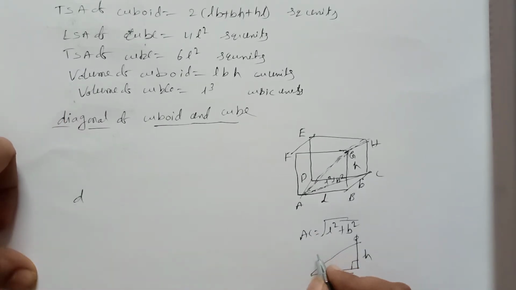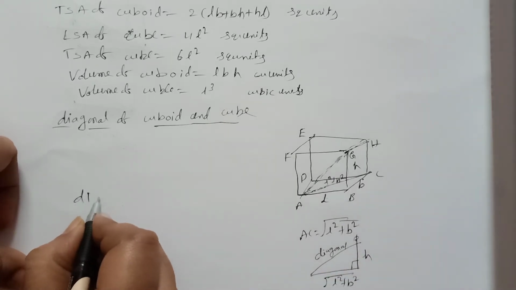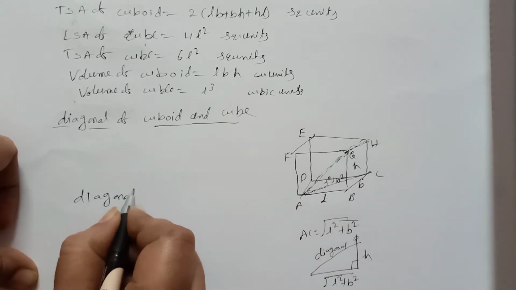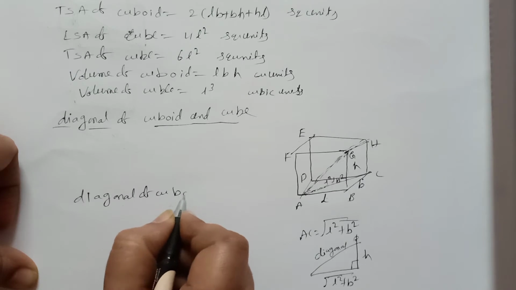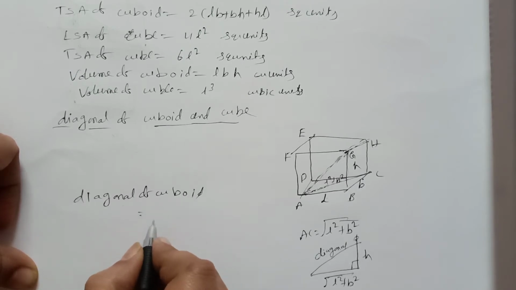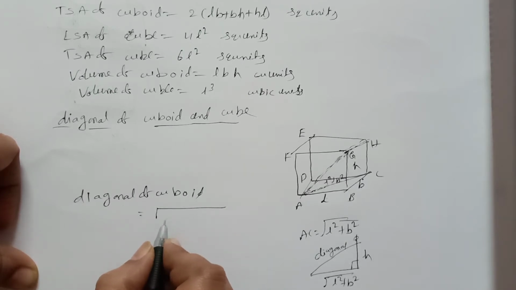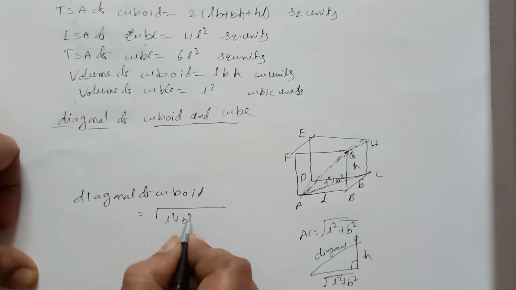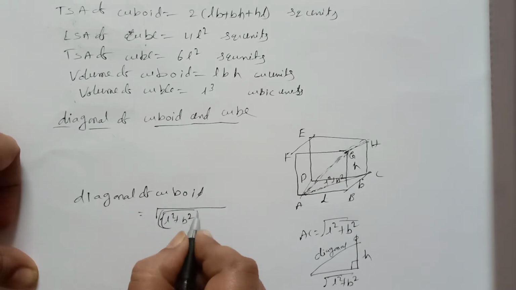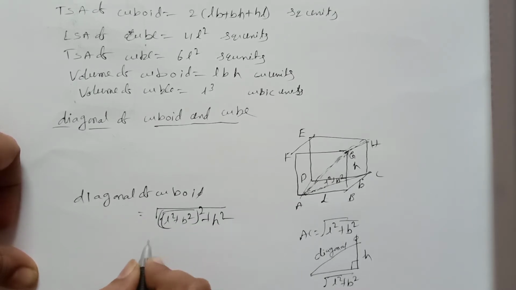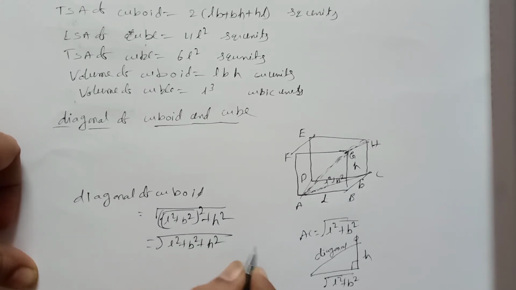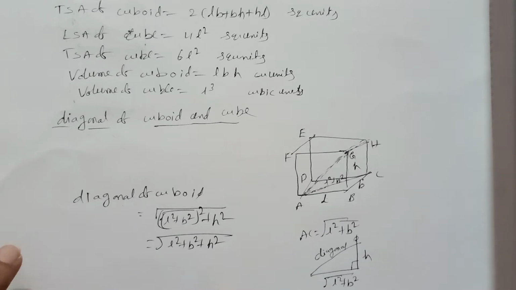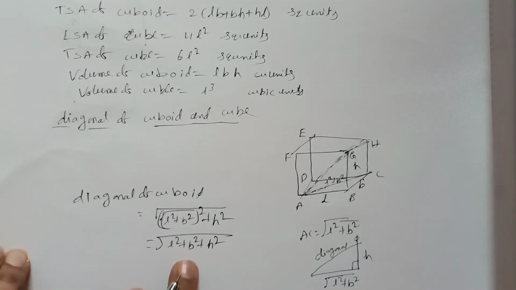The diagonal of cuboid is square root of (square root of L square plus B square) whole square plus H square, that is square root of L square plus B square plus H square. Diagonal of the cuboid is equal to square root of L square plus B square plus H square.